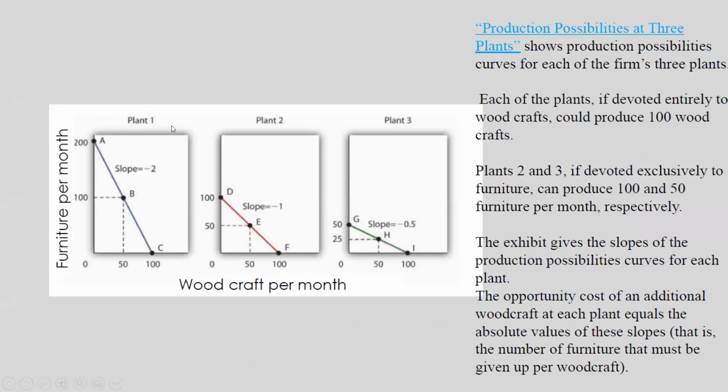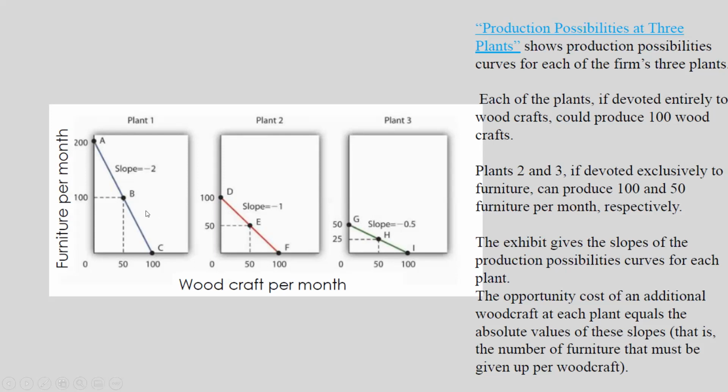So if we consider plant number 1, as per the introduction given in the case study, it was the first plant that they built. Initially, it was built to produce furniture. Later, it was expanded to produce wood crafts as well. So since it was initially built to produce furniture, it has a higher capacity to produce furniture in the first plant.